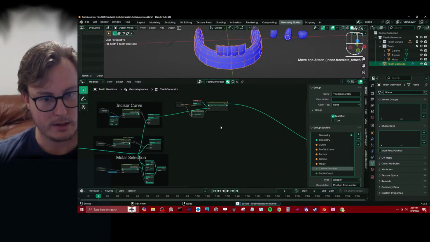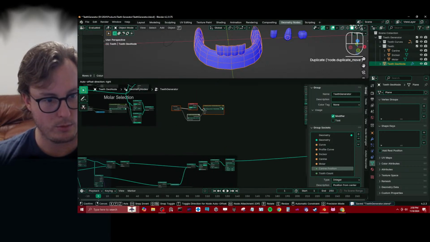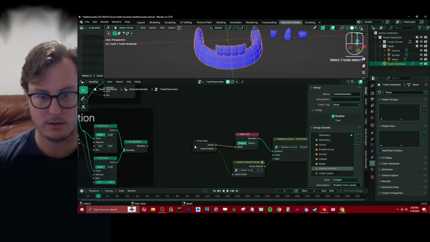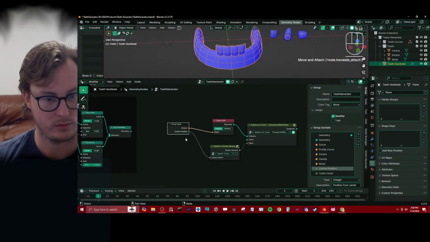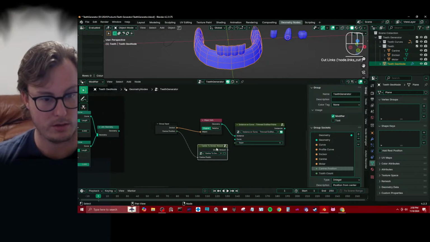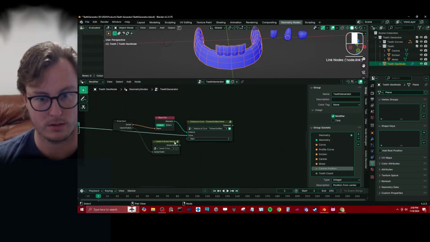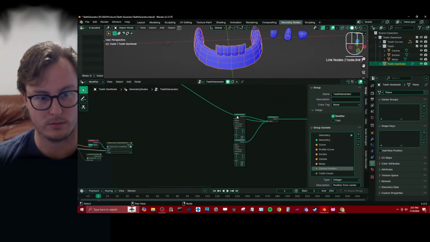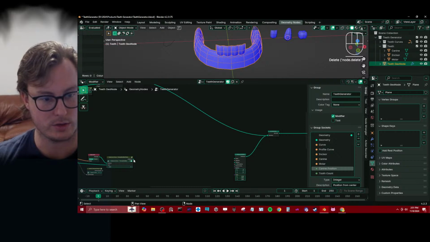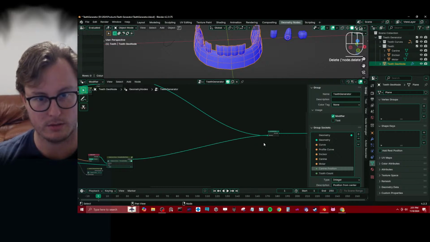And we can go ahead and take all these, duplicate them, move them down to the molars. This curve, take these. I can just pass them on to join.